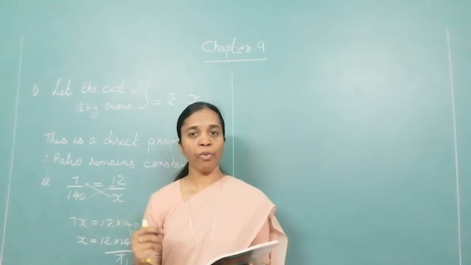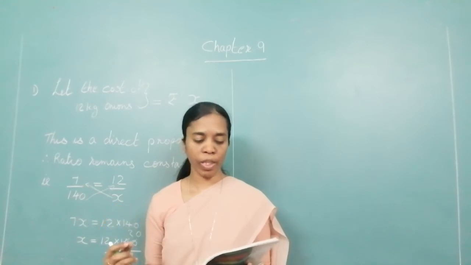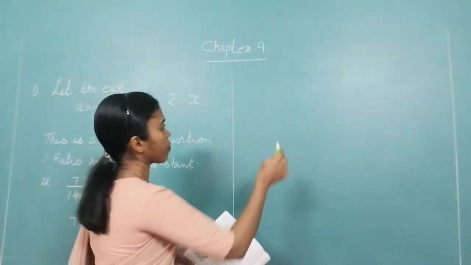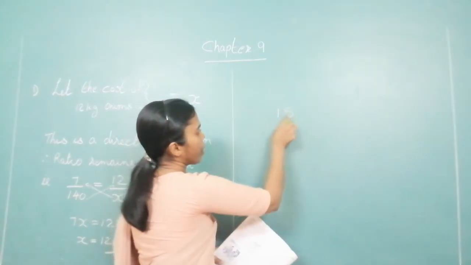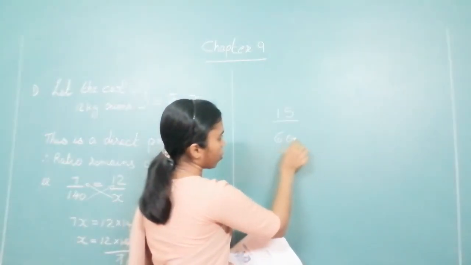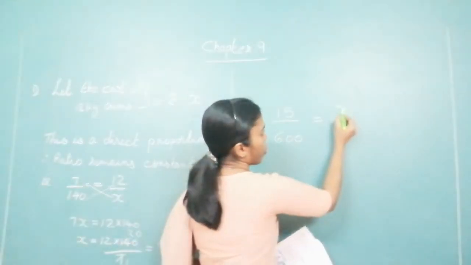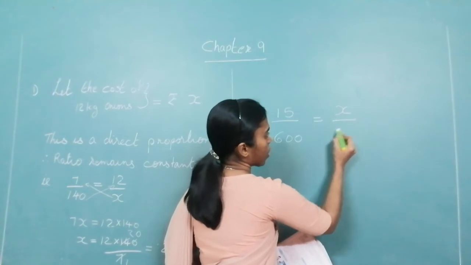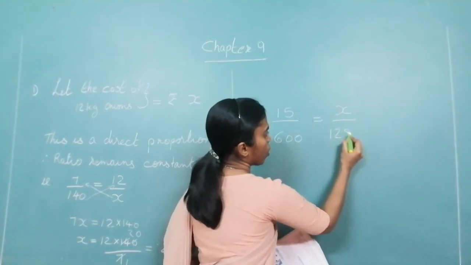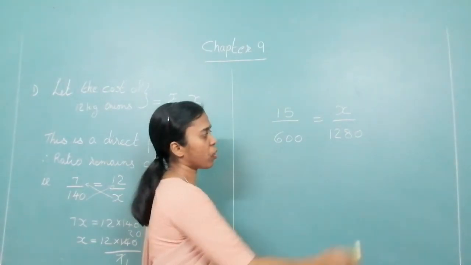Therefore the ratio remains constant. Now what is the ratio over here? For 15 bunches you have to pay 600 rupees, and now you do not know, so you consider X bunches you will be getting for 1280.